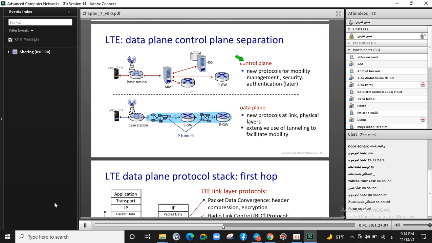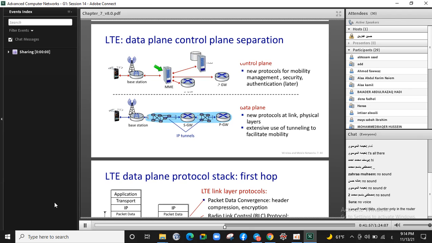In control plane, we just control everything. For example, when I'm trying to make a phone call, firstly, my company should check my balance. For example, okay, his balance is over, he cannot make a connection. This is something that happens in control plane.